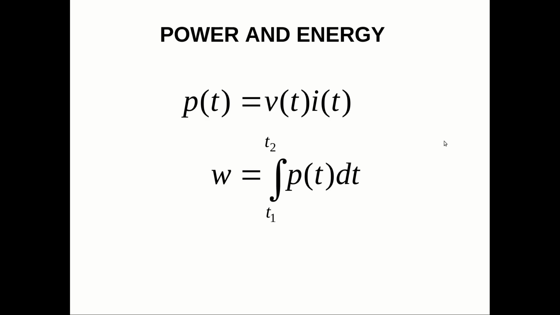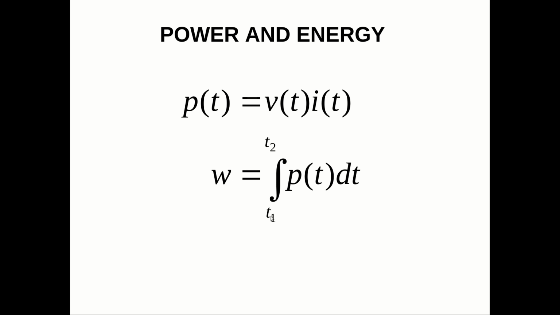So power and energy, we speak about two things, power and energy. Actually, power is equal to the voltage multiplied by the current. T here is the time, so over time. So to calculate the energy from the power, we will take the integration, the integration that you take in calculus or linear algebra.